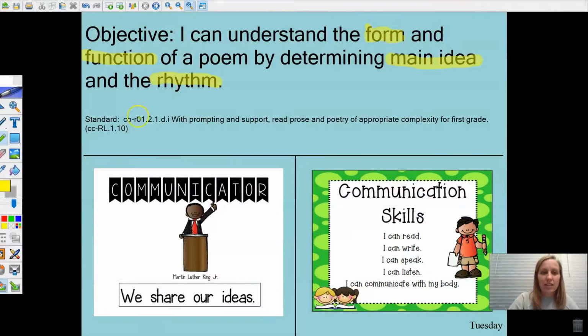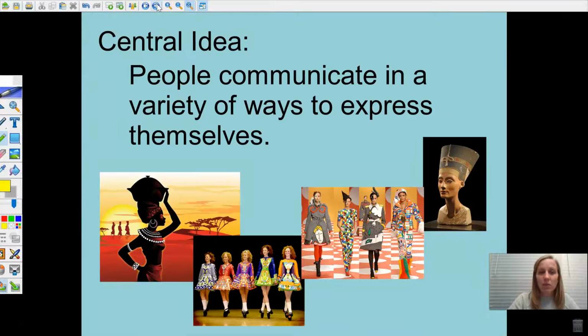All right, now that we know what we're learning about, this is our new central idea, what we're learning all about. Now, I told you we're not learning about sharing the planet anymore. Now we're learning about how we express ourselves. And our central idea is people communicate in a variety of ways to express themselves. Now, you'll see lots of pictures of ways that people express themselves.